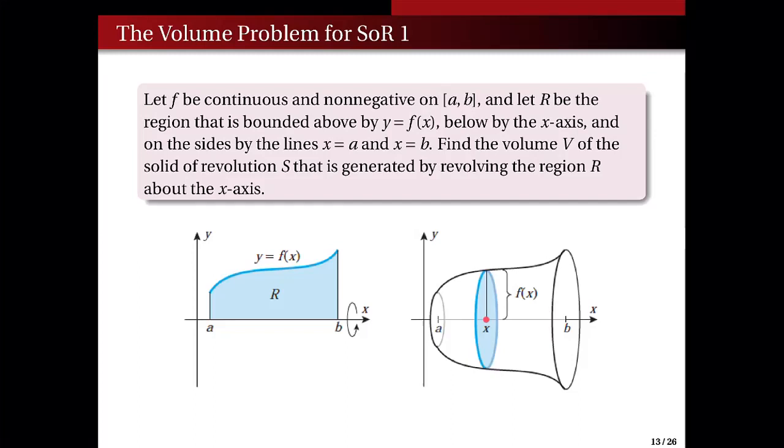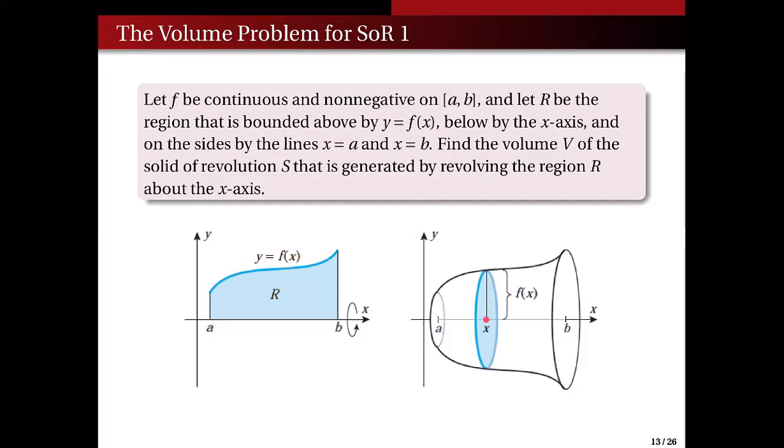The boundary below is the x-axis, so it's this guy here. Now, find the volume V of the solid of revolution S that is generated by revolving the region about the x-axis. So the axis of revolution is the x-axis. And take note that the x-axis is the boundary. It's just a side of your region. So revolution is possible.